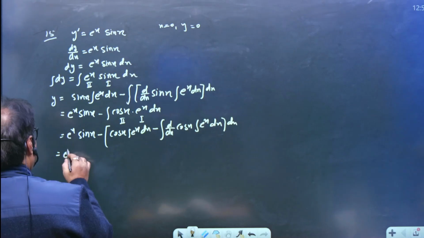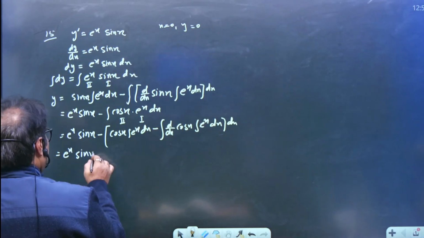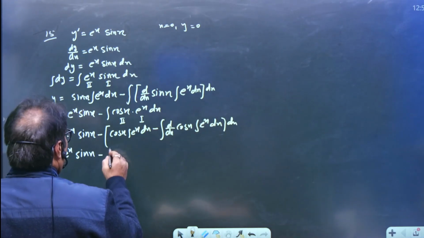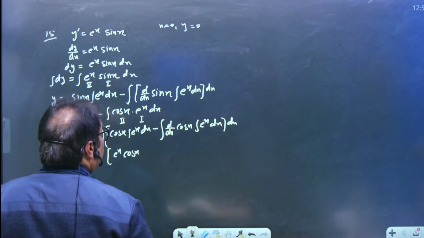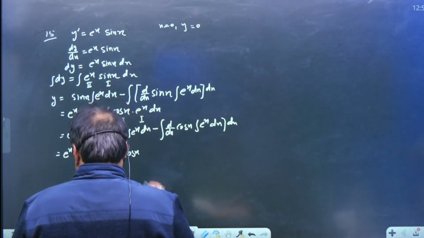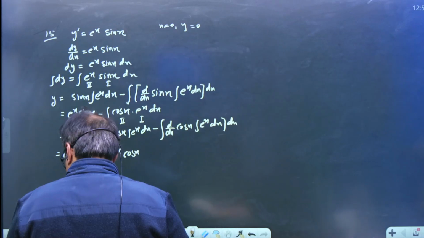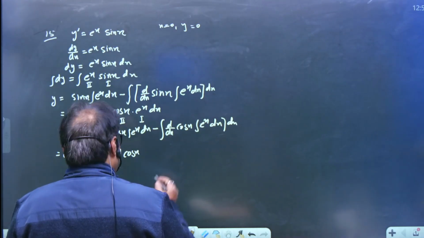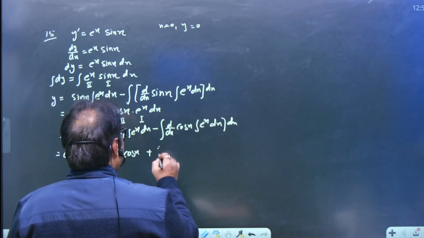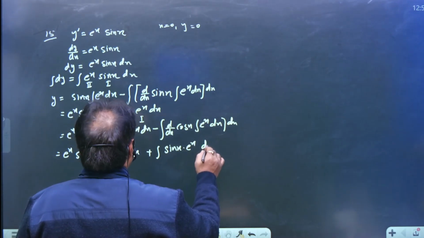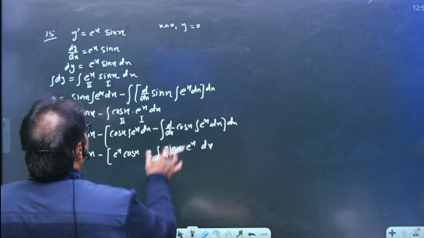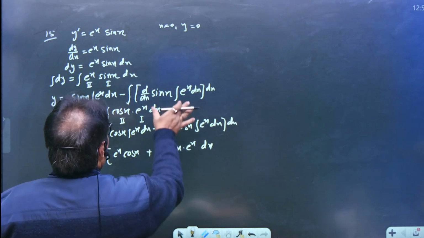So this is e to the power x sine x minus e to the power x cos x. Okay. And the derivative of cos is minus sine. So this will be equal to minus minus plus integration of sine x into e to the power x dx, and this is equal to this I1, this value again.